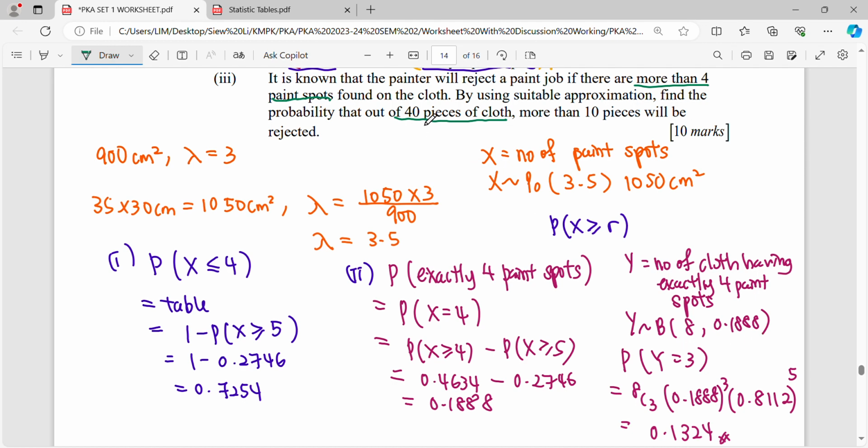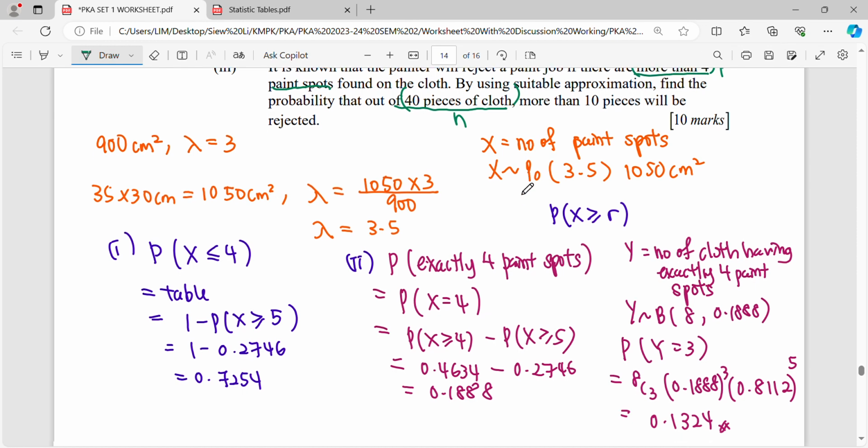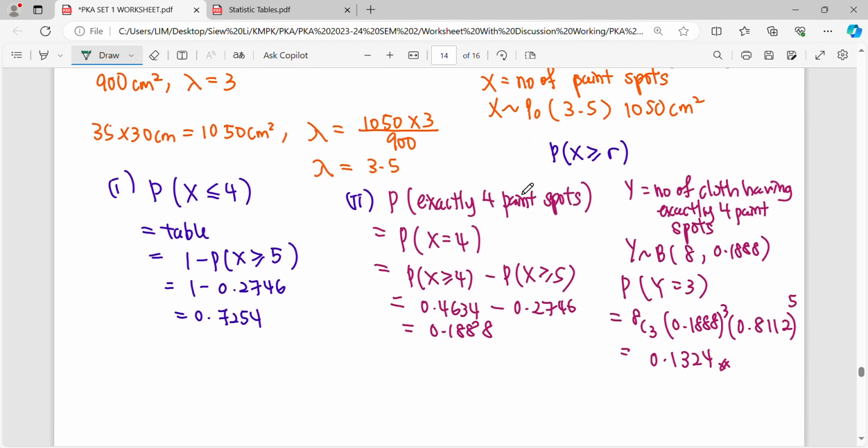Now 40 samples, more than 4 paint spots. So P is different, sample is also different. So we start from the beginning, we have to find out the situation of more than 4 paint spots. Number 3, paint spot is denoted by X, more than 4.